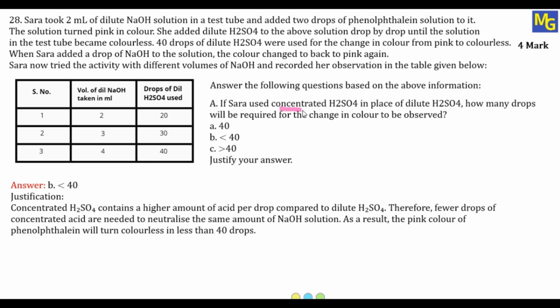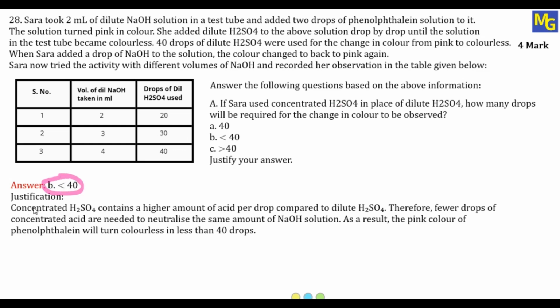If you add concentrated, then very easily in fewer drops the color will change, and that's why the options you can see here are A is 40, B is less than 40, C is more than 40, and then you have to justify your answer. So what is the answer? We require less than 40 drops, because for dilute H2SO4 we require 40 drops. In concentrated we have more H plus, and therefore we require less than 40 drops of H2SO4.